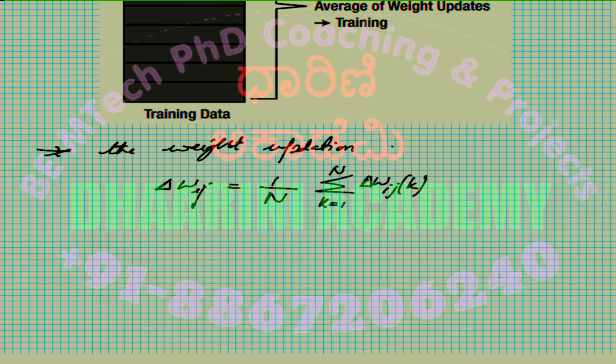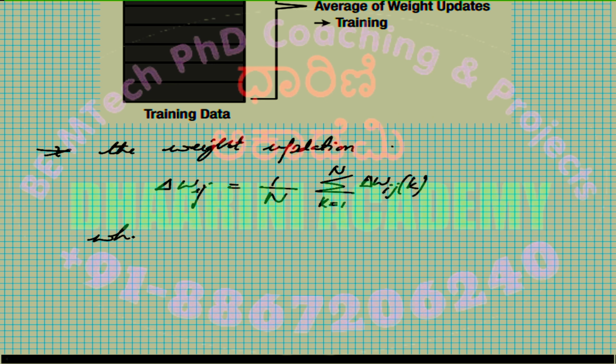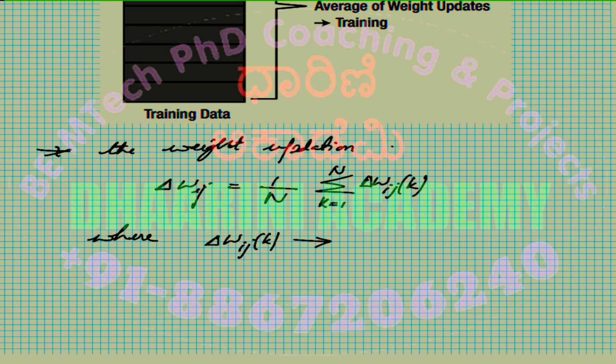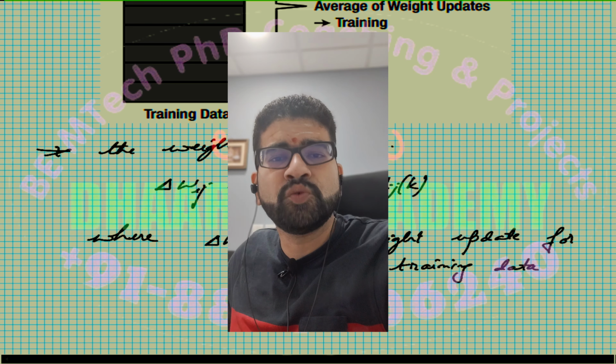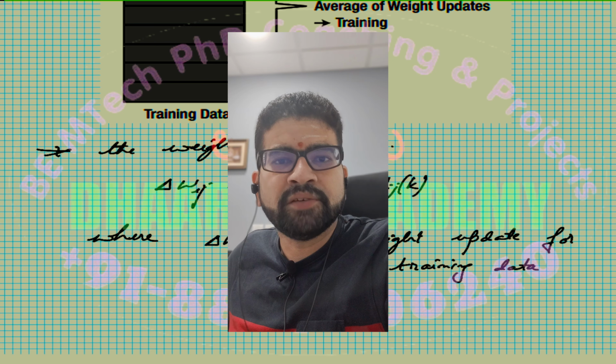Here, the delta wij of k is the weight update for the kth training data. So k varies from 1 to n, which means for all the first to n data points you are going to calculate the weight update.